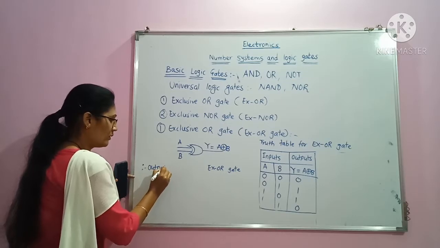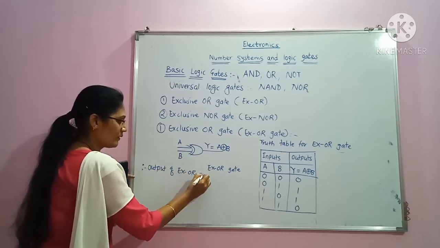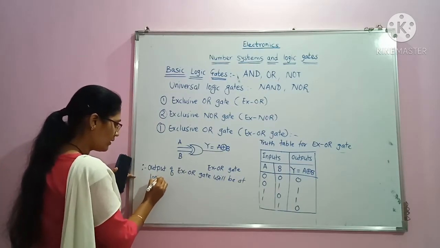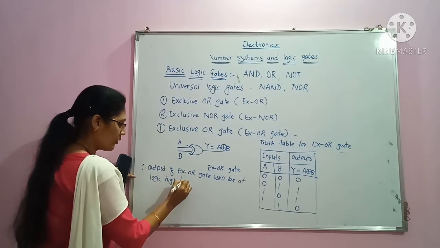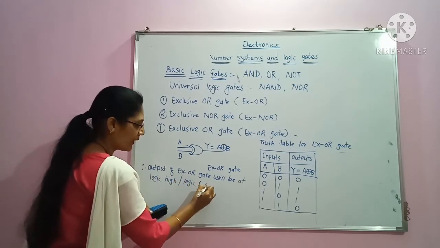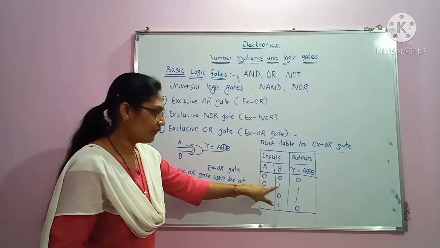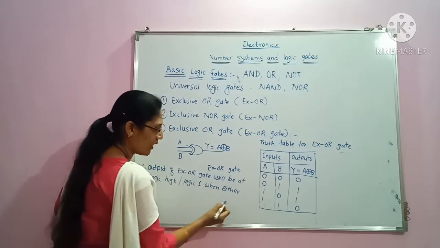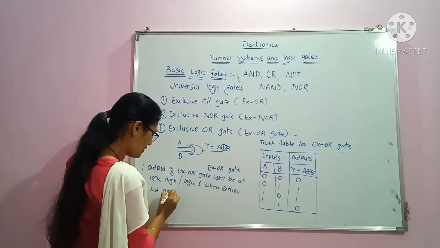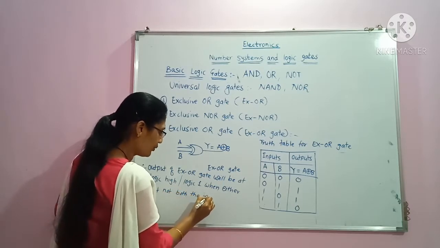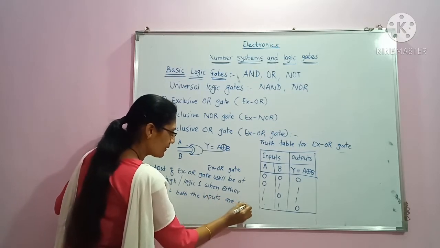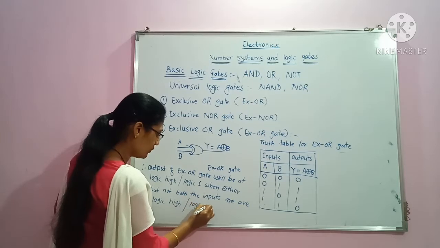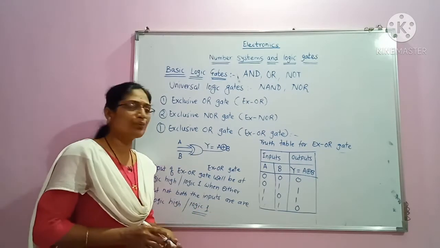Output of XOR gate will be at logic high or logic 1 when either, but not both, of the inputs are at logic high or logic 1. This is the conclusion related to XOR gate.